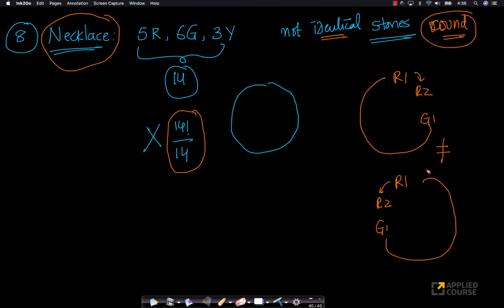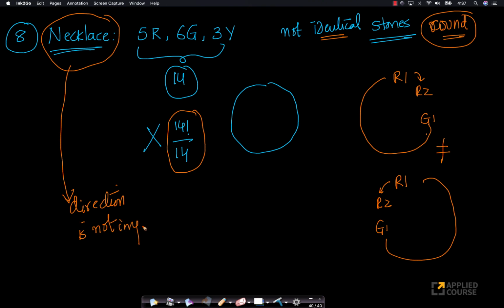Which means that while constructing a necklace, direction is not important, whether things are in clockwise or counterclockwise direction. Only in the case of constructing necklaces, direction is not important.